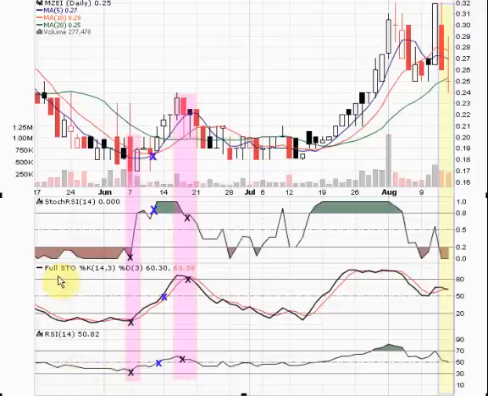The full stochastics is a momentum indicator also. It is also an oscillator, and it will give you the speed of change rather than the ratio of loss to gains.